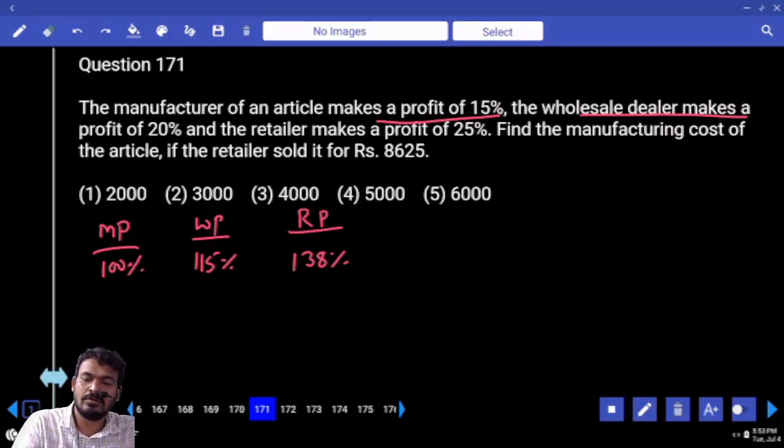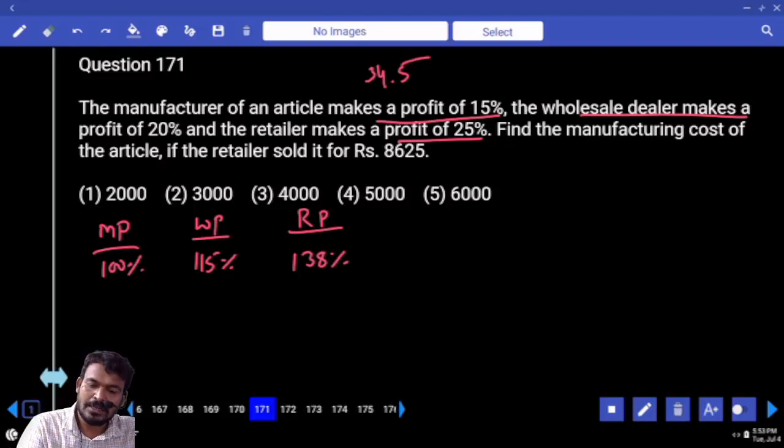Again it is sold at a profit of 25%. 25% of which value? 138. What is half of 138? 69. What is half of 69? 34.5. Adding or subtracting?